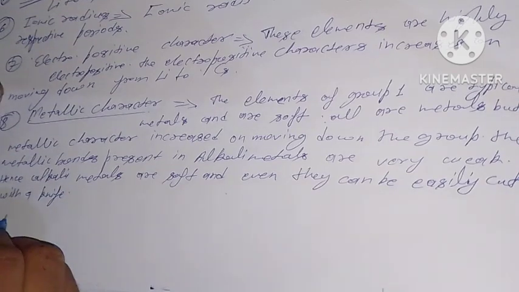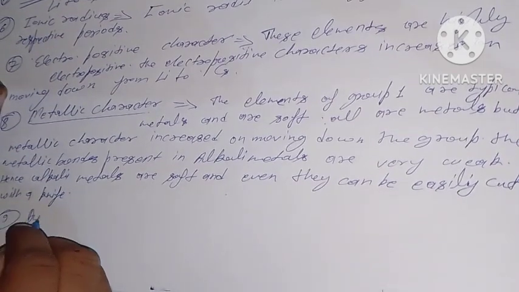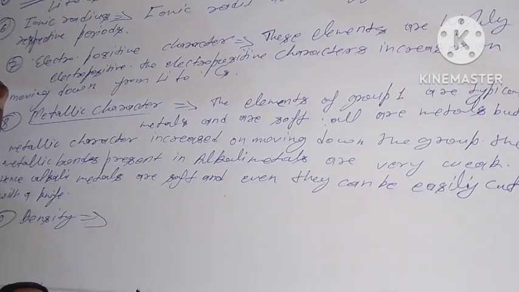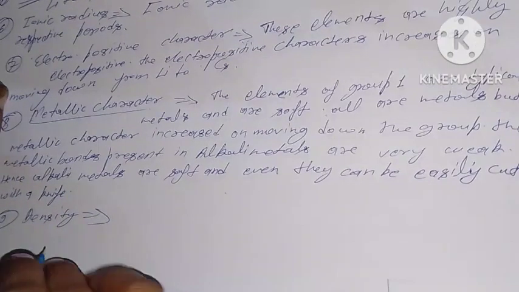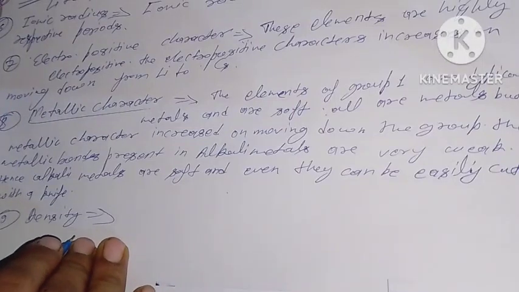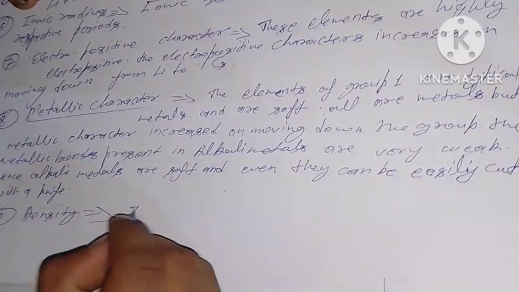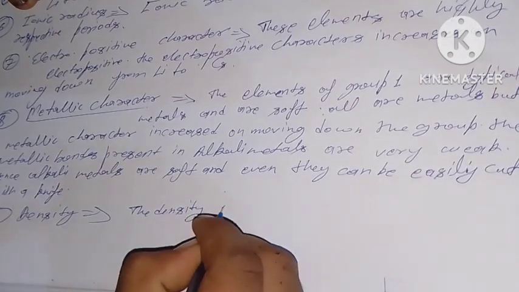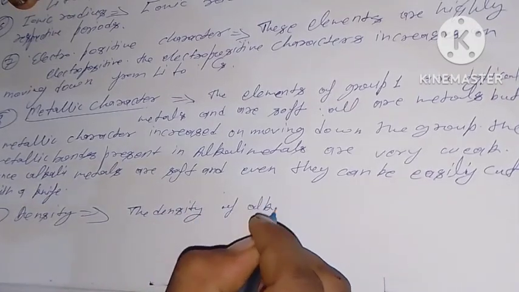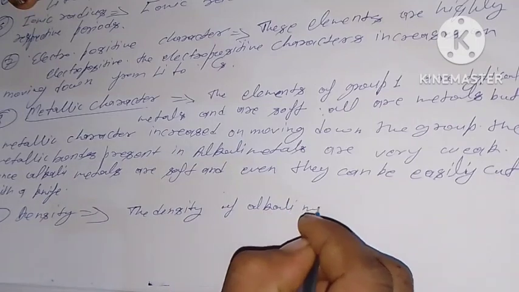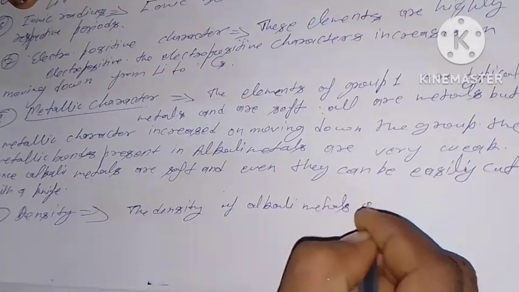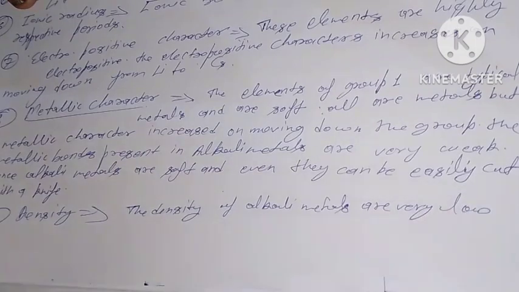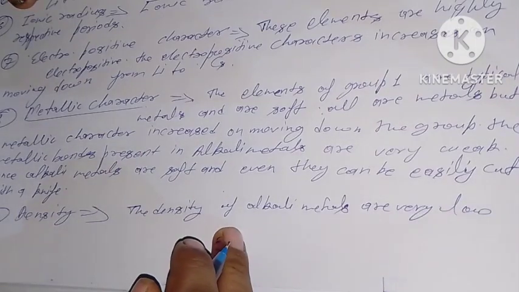Ninth point: density. The density of alkali metals is very low.